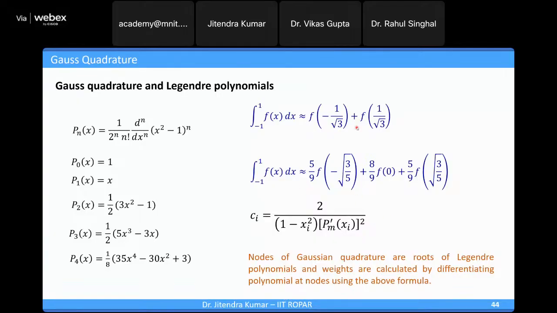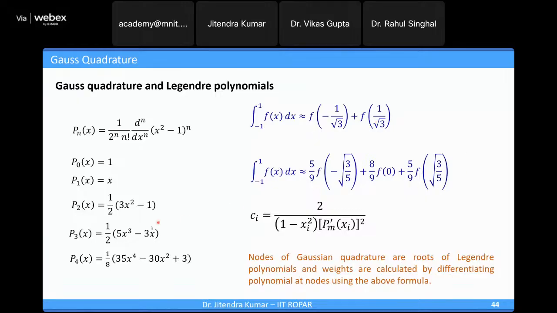So these numbers, 1 by square root 3, are the roots of P2, you get minus and plus 1 by square root 3.